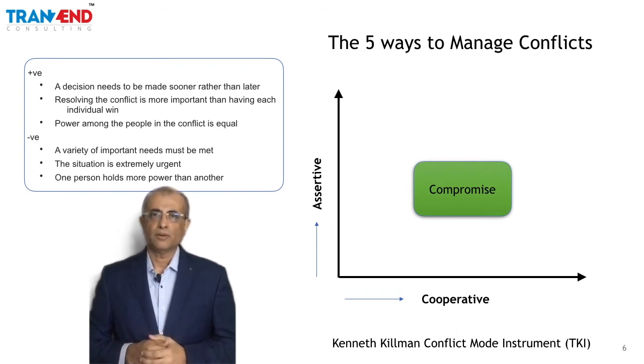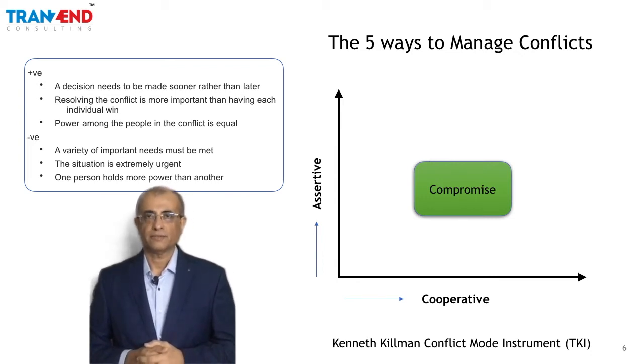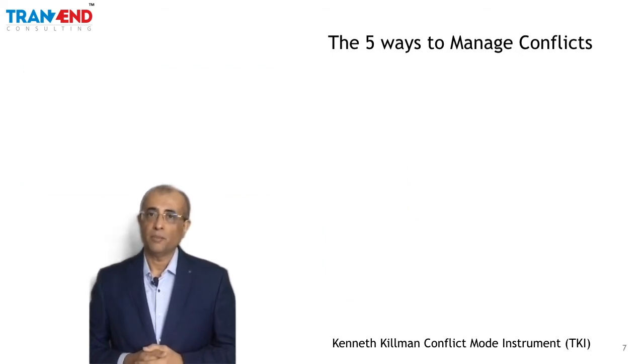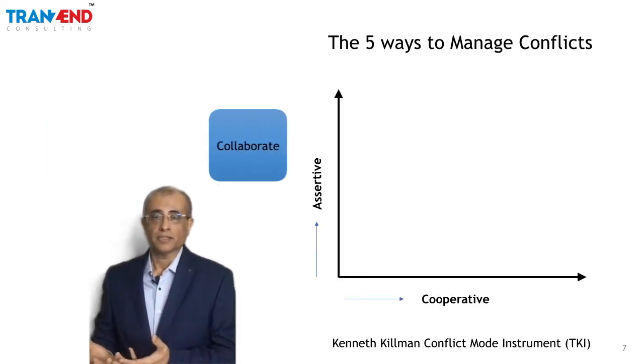Finally, we come to the most powerful option to resolve conflicts, and which is collaborate. And as you can see, collaboration is high on both assertion and cooperation. This is more difficult but most effective, because here you need to demonstrate both the opposites, assertion and cooperation.